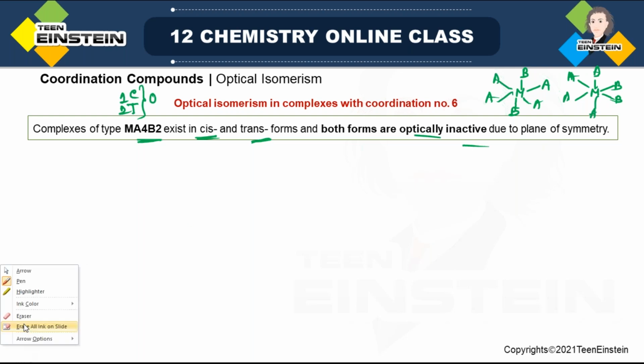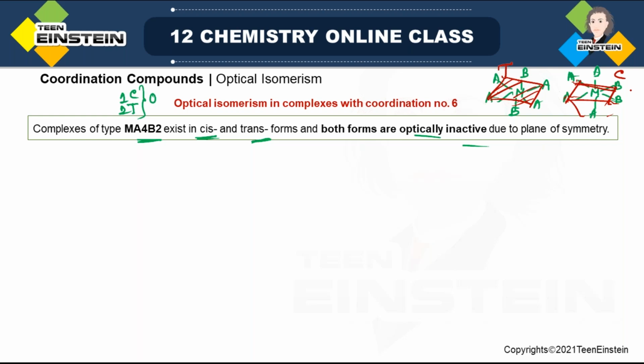The first one is trans, this is cis. Now if you cut the molecule along this plane, both sides are equal, so there is a plane of symmetry present. And in the second case also, if you cut the molecule along this plane, or you can also cut the molecule along this one, then also both halves you are getting A. So in both cases there is a plane of symmetry present.